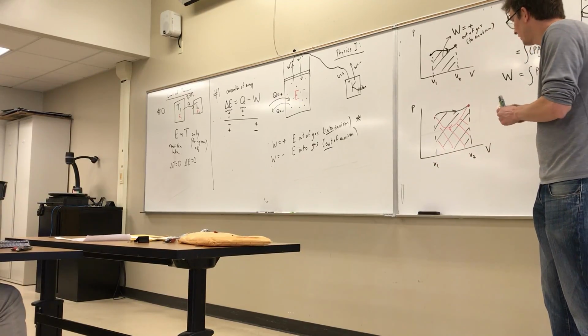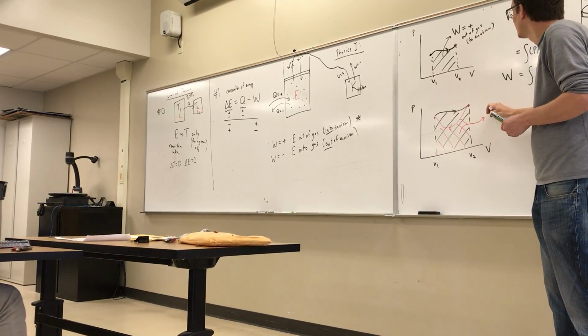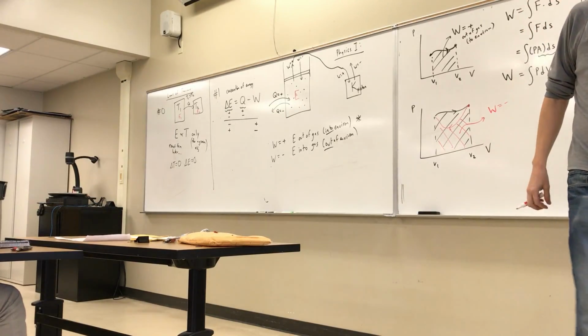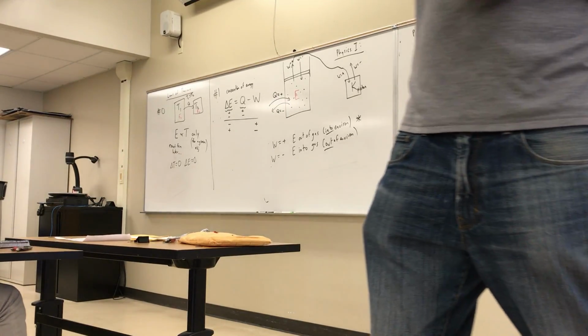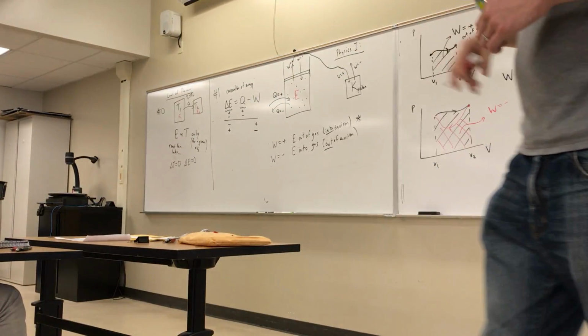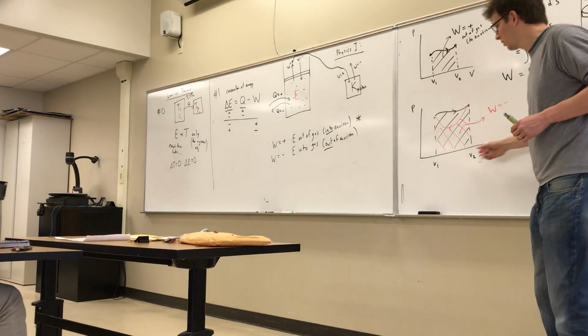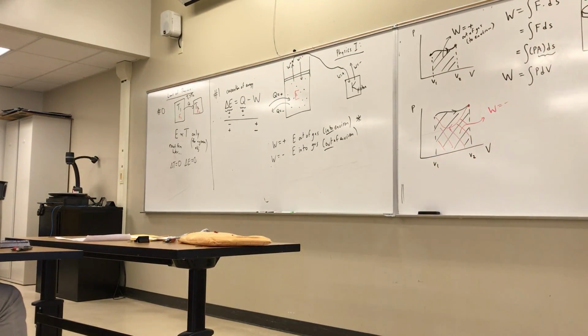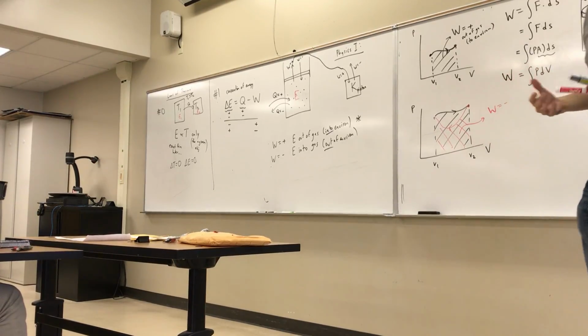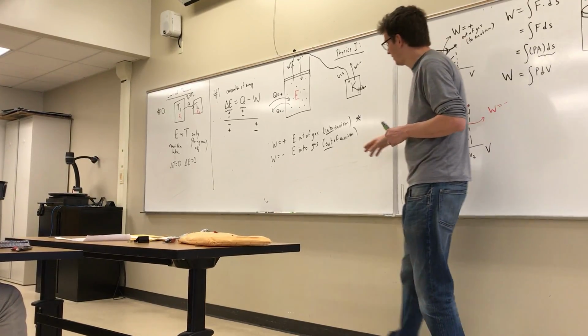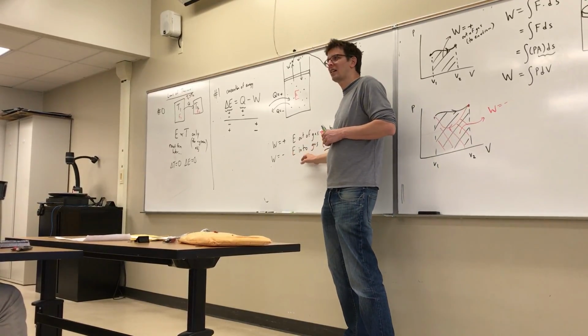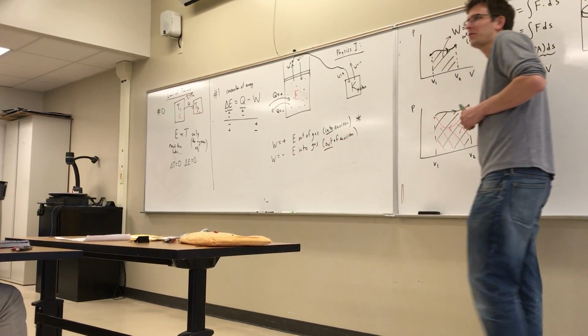And this would represent negative work. Of course, you know that if you reverse the integration bounds, it throws in an extra negative. So anytime you're going to a smaller volume, that means something coming in from outside is making the gas go to a smaller volume. That's, of course, not the way it wants to go. But that's because there's energy being put into the gas by work, and that's coming out of the environment.